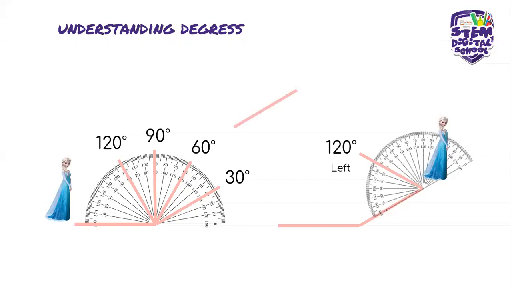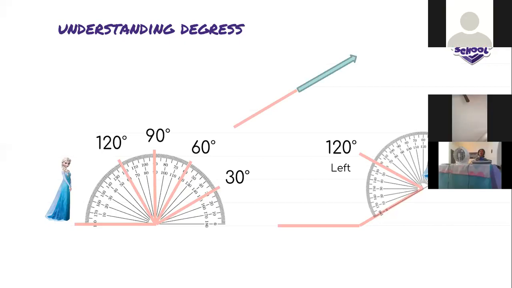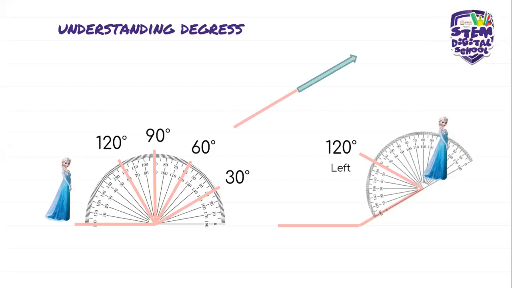And then here's where I told you we have to make sure to focus in which direction our character is moving or facing, because we have to make sure that we turn in the right direction, whether we're going to turn left or whether we're going to turn right. Okay, so left will be on that side and right on this.